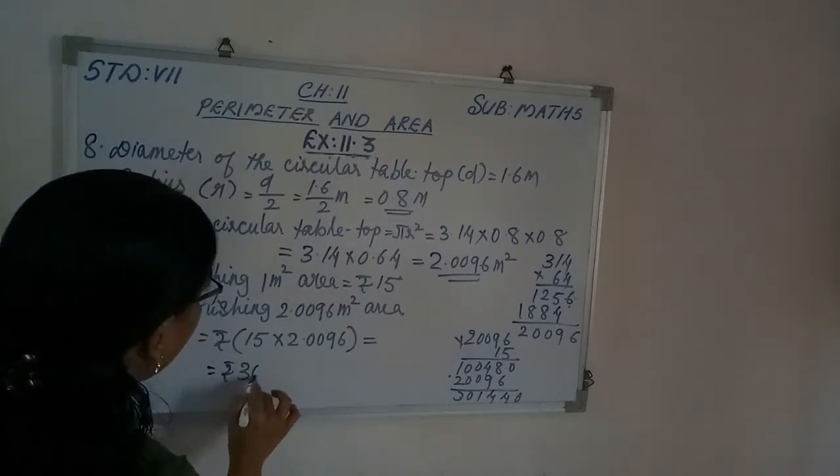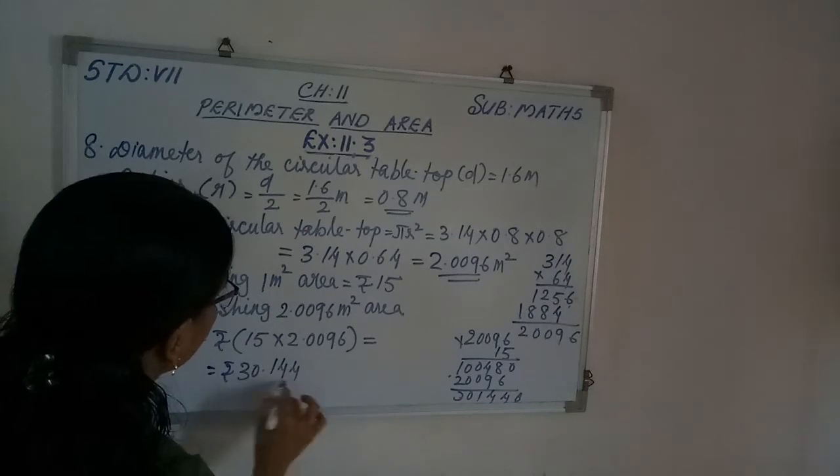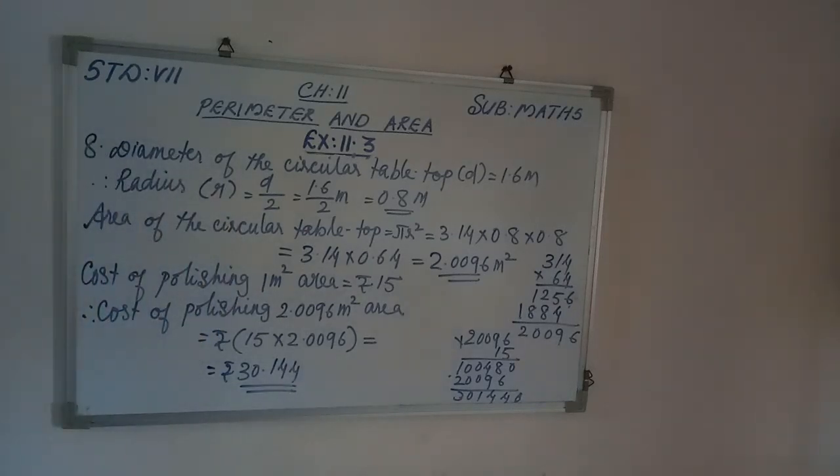Rupees 30.144. This is the total cost of polishing the area which is given. First you will find out the area, then multiply that area with the cost per 1 square meter.